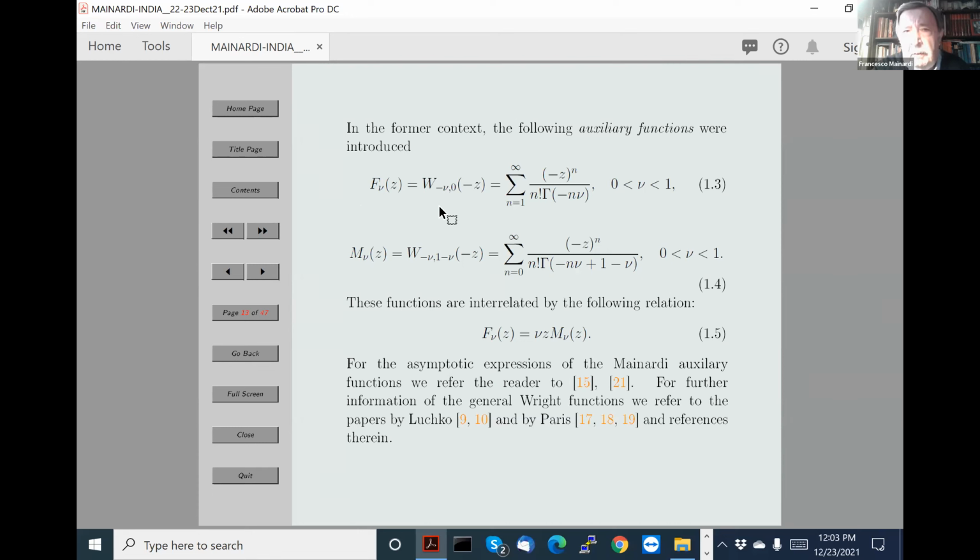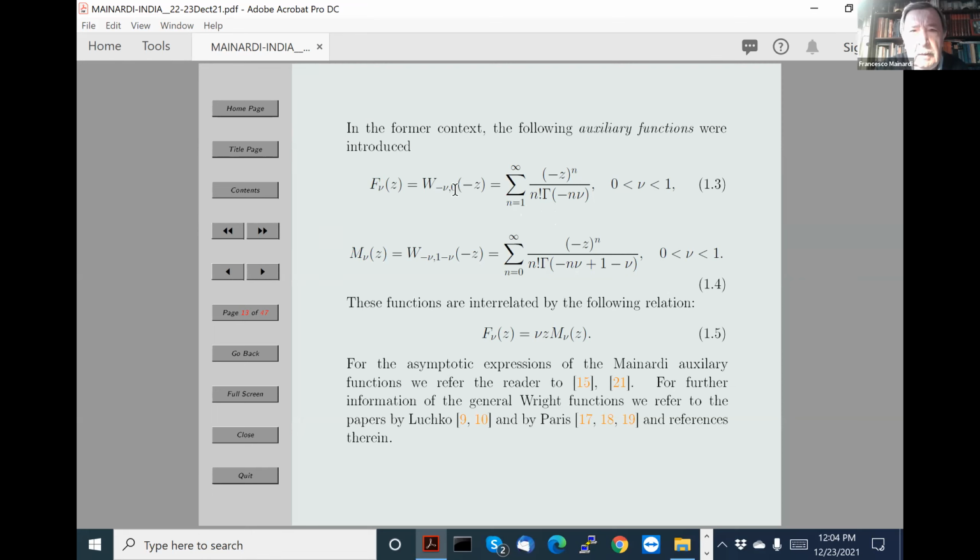Probably it was an imprint error, because in the references they also quote the paper by Wright, but probably they did not read it. Anyway, these are the main functions, which are called auxiliary functions, but of course they are a special case of the Wright function where the first parameter is negative.